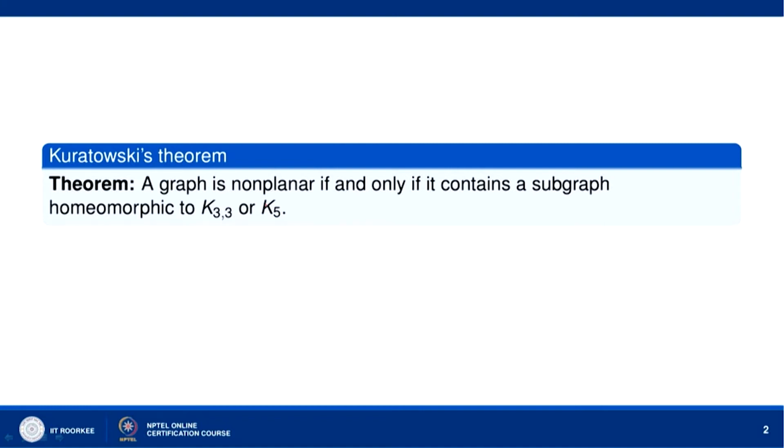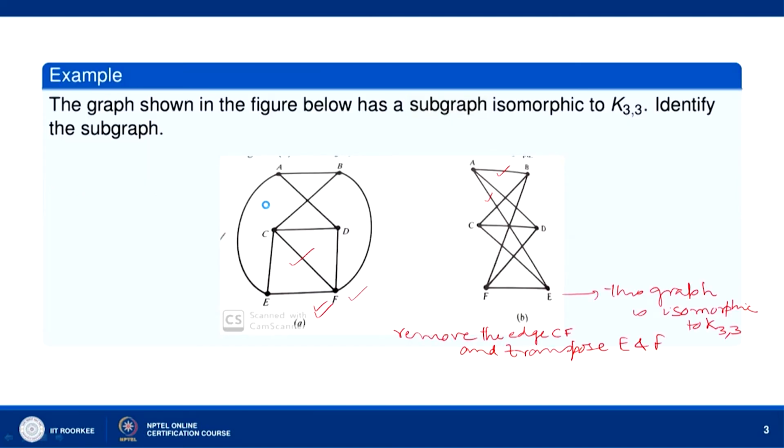So, this graph had a subgraph which is isomorphic to K3,3, and K3,3 has a subgraph which is homeomorphic to K3,3. So, the given graph has a subgraph which is homeomorphic to K3,3, and therefore, this graph is non-planar.